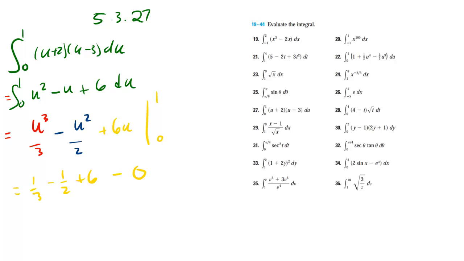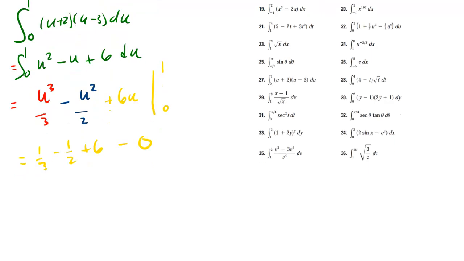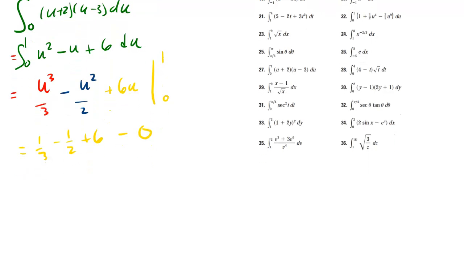So it's going to be 6 plus 1/3 minus a half, which is 2/6 minus 3/6, so minus a 6th. And so it'd be, I don't know, 5 and 5/6, however you want to write that down. That's a mixed number. Maybe it's kind of weird. Maybe we call it 35/6.